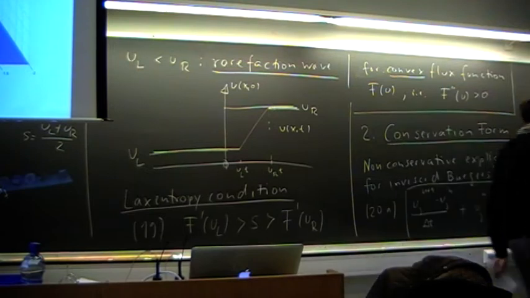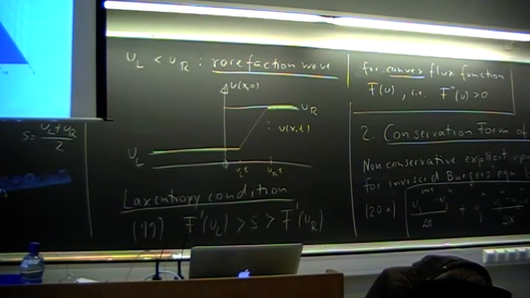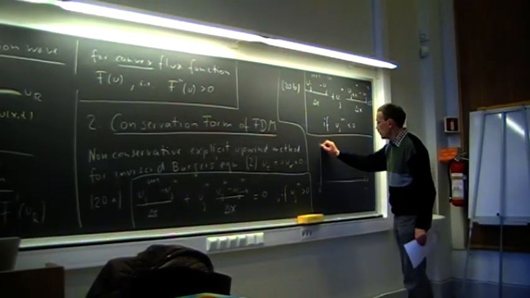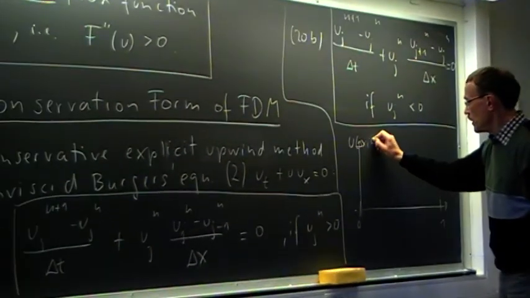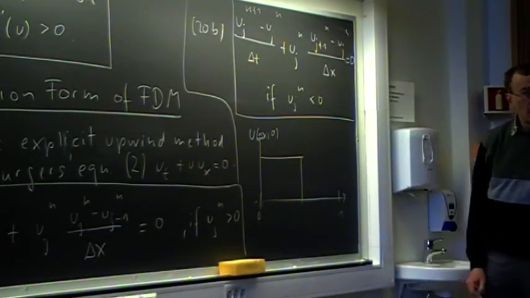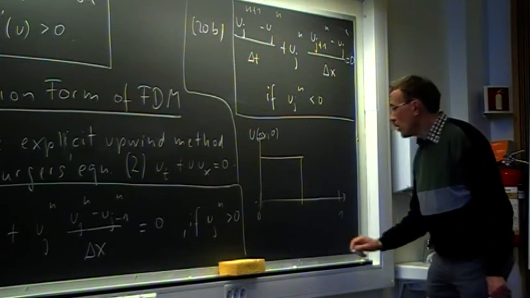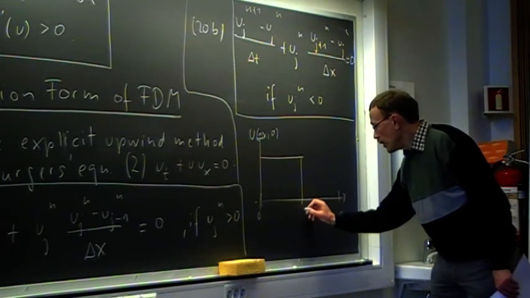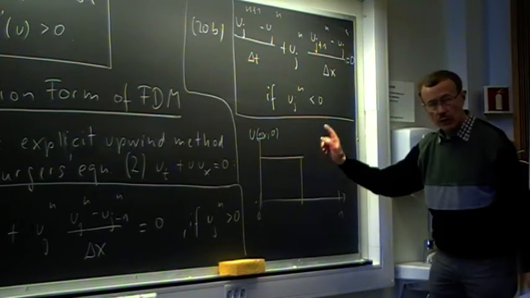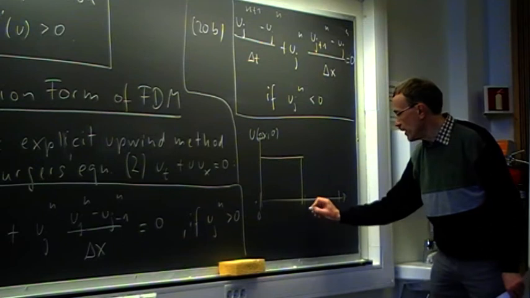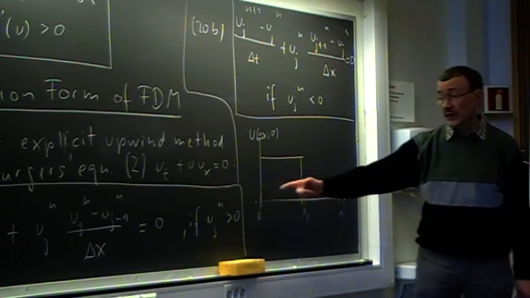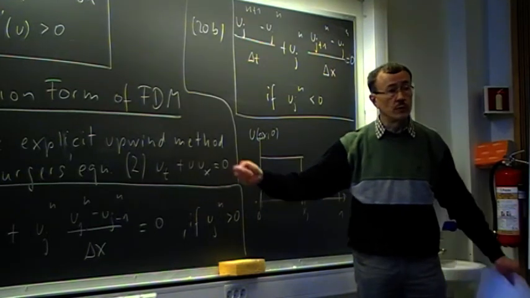So if we have here x, we have 0, we have 1, say we would put the initial condition u of x,0 not at the left boundary, but in the middle. If you then are at a point, say x_j, where the solution is 0, you will have exactly the same problem. So it will not help.